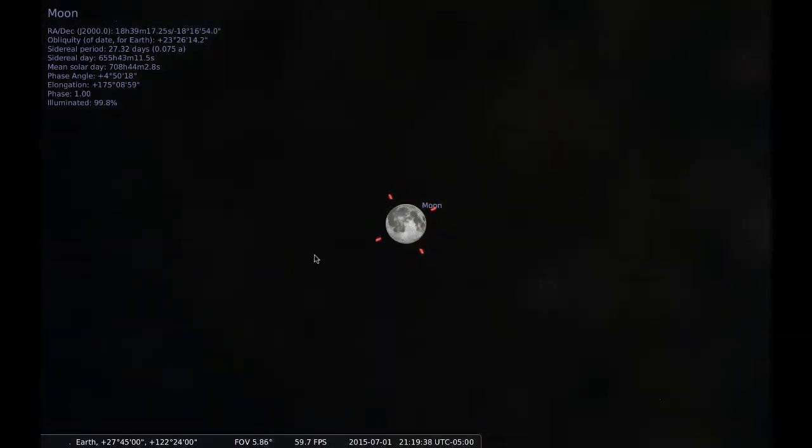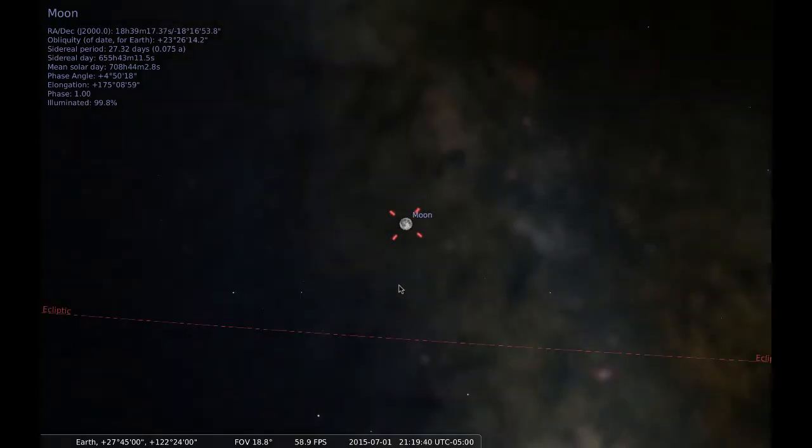So where's the ecliptic? Boy, it's not even... Oh, there it is, way down there. So that's actually kind of an extreme. That's 8 or 10 lunar diameters away. So that's almost as far as it can get from the ecliptic, 5 degrees above or below the ecliptic. So definitely no lunar eclipse on July 1st, 2015.